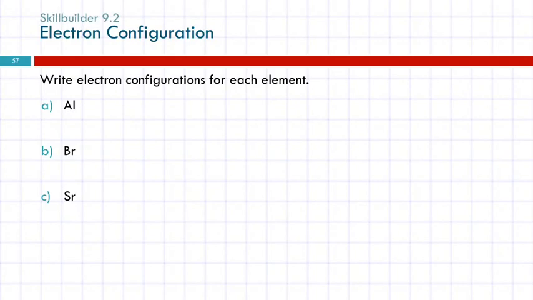S, P, D, or F? It's in the P block, where there's the six columns over there. And it's the first one in that block. So its electron configuration ends with 3p1, just from its position in the periodic table.